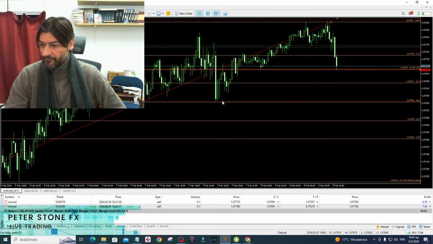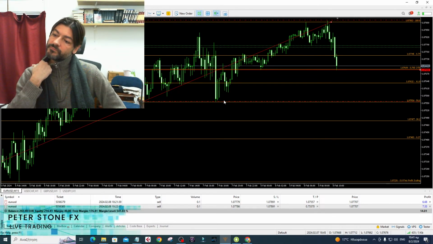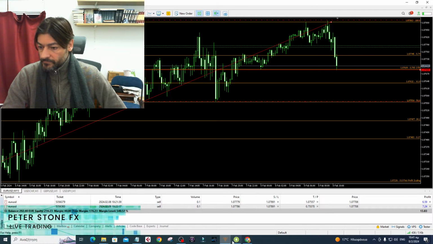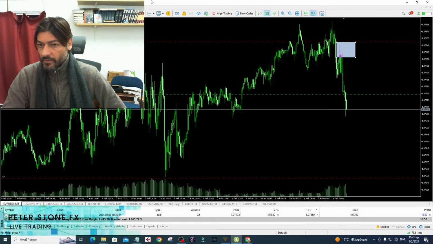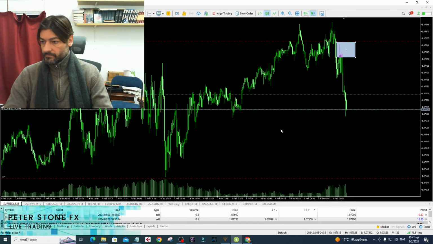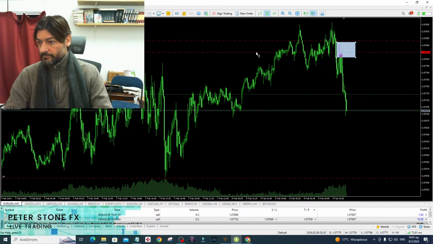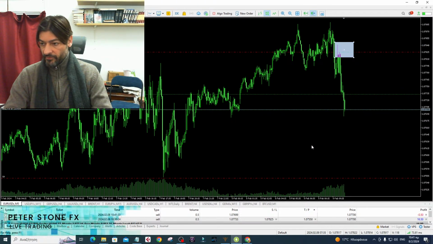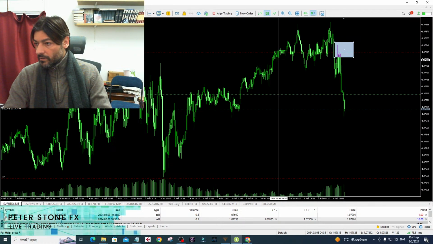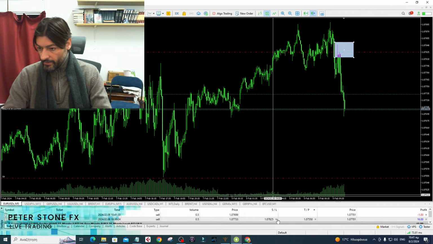So this is a very safe target, the 50% also. I'm gonna sell more here. I'm gonna reduce my stop loss to here for the first position. 78.8.